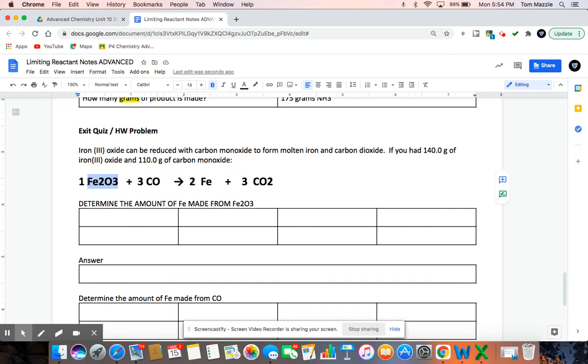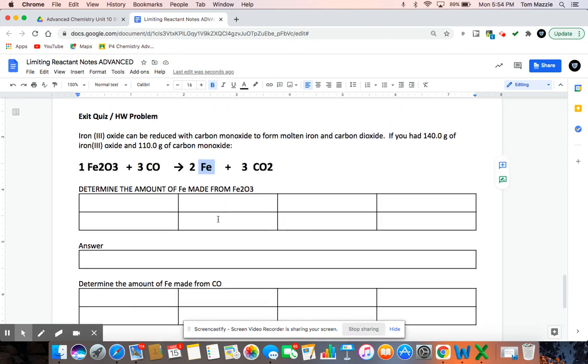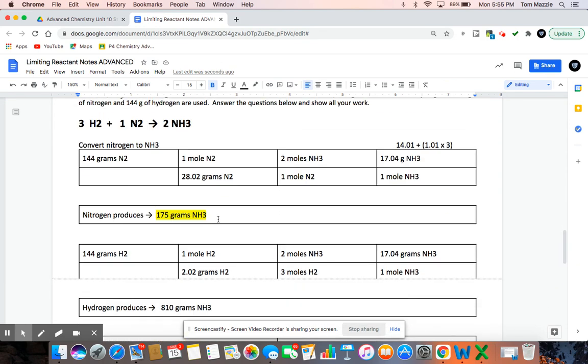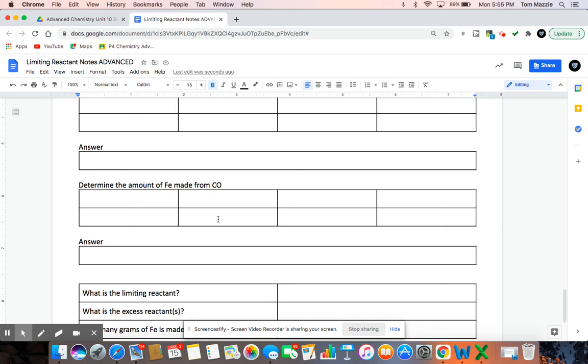You're going to convert iron(III) oxide and carbon monoxide to iron, and you're going to solve the question the same as what we just did. So complete this question in class, submit it, and you guys are good for the day, and we'll see you guys tomorrow.